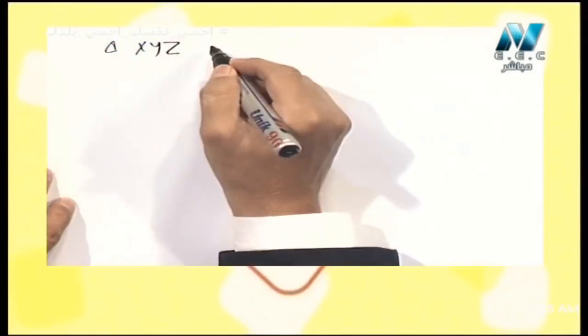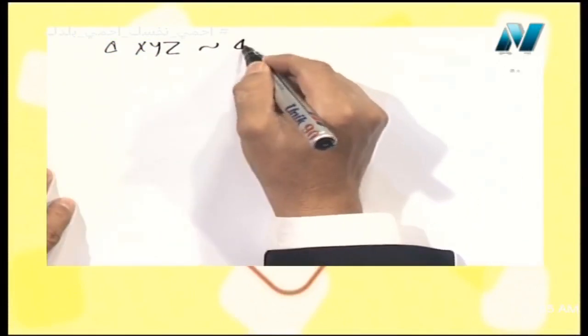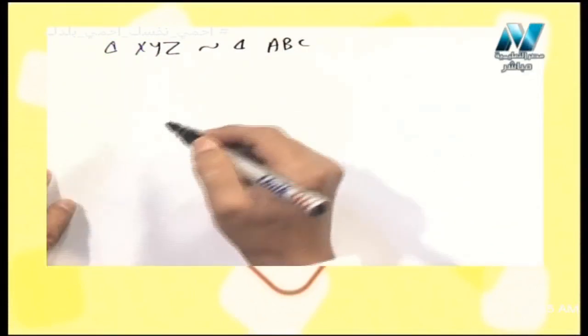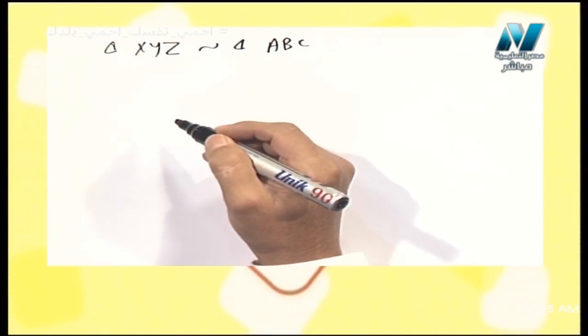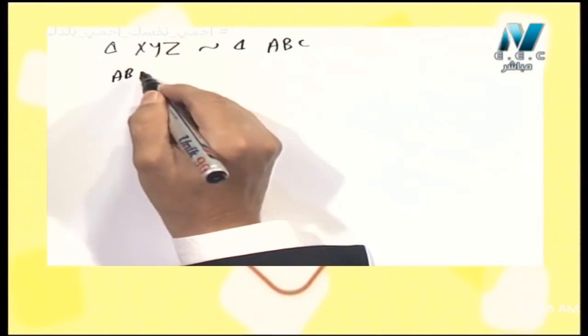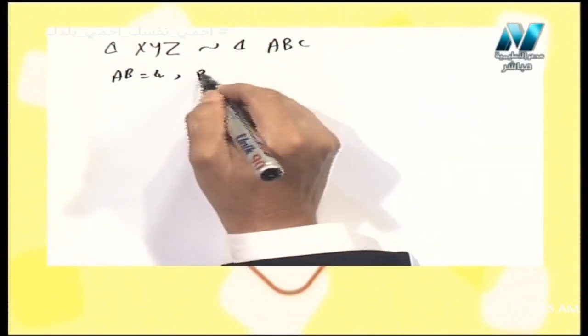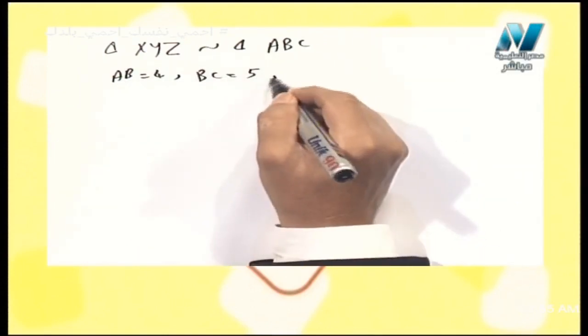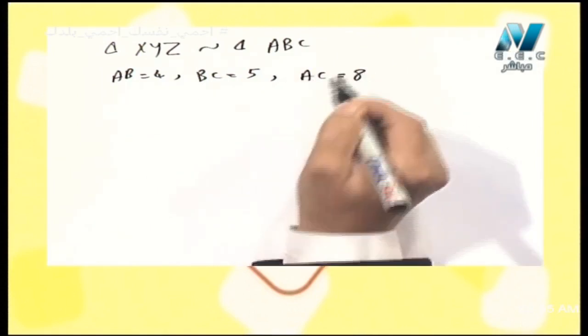I know that similarity is now very easy for you, my dear students. Let's move directly to the following example. If we have two triangles, the first triangle XYZ is similar to triangle ABC, and AB equals 4, BC equals 5, and AC equals 8.